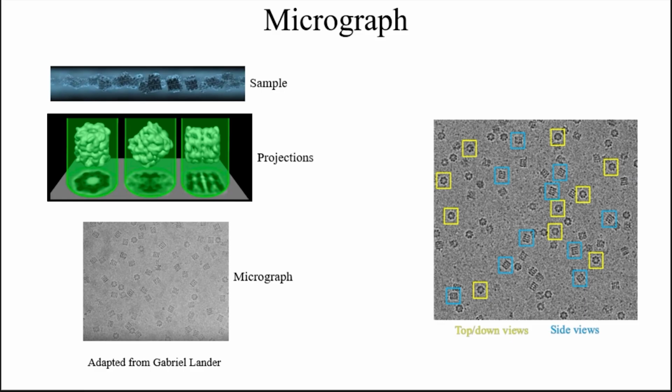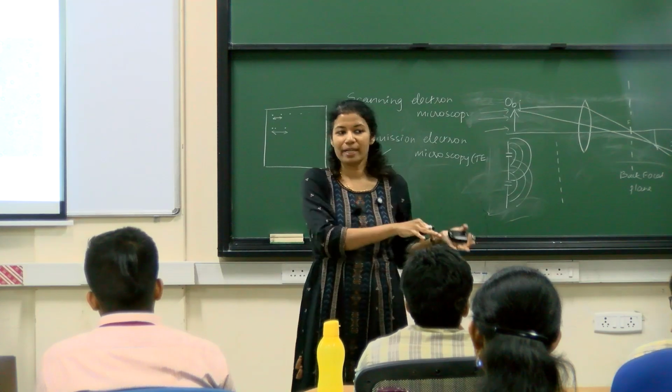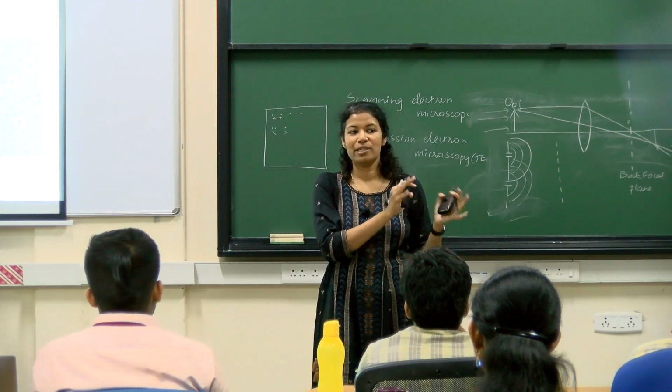What is interesting in electron microscopy is that with this information, I can get 3D volume information. So I want to ask you all this question. If I have a 3D object, and I don't know how it looks because it's very, very small, and I want to reconstruct that, what strategy will you use?